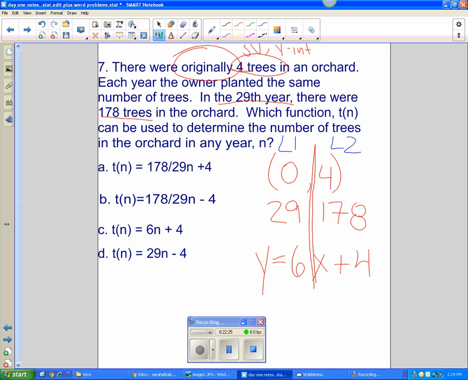Oh, look. 0 and 29 go in L1. 4 and 178 go in L2. Okay. All right. Zaria, A, B, C, or D? C. Okay.